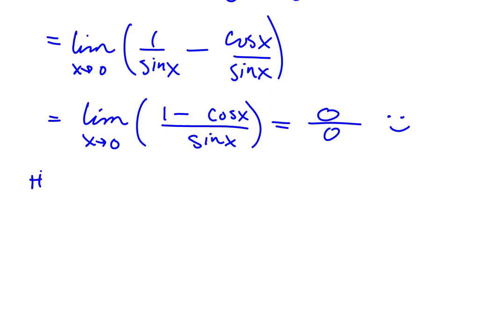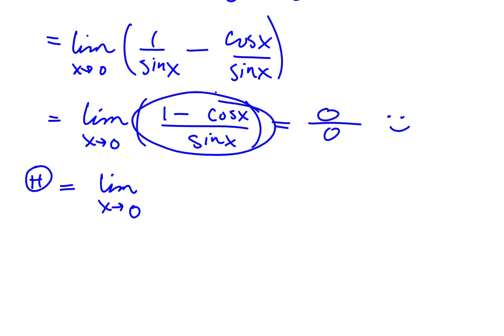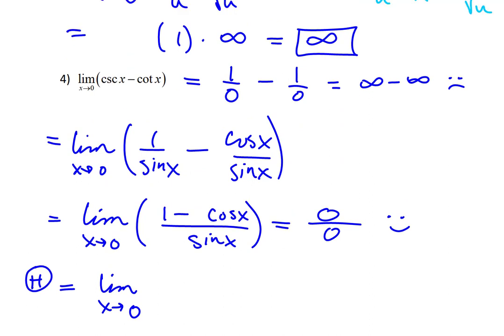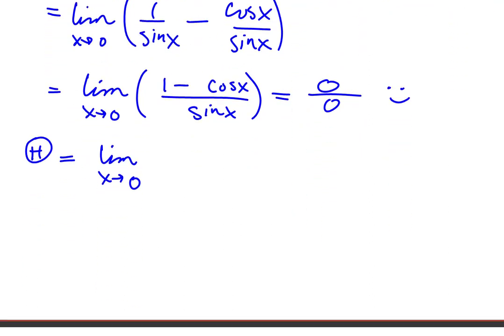So let's now try using L'Hopital's rule, where we rewrite the limit as x approaches 0, but this time we take the derivative. Now notice I'm working on this previous step that we just wrote, because that's the step that came out with the L'Hopital indeterminate form 0 over 0. I'm not going back to any previous step and trying to apply L'Hopital's to it. Only the exact limit that we just got with this indeterminate form of 0 over 0.